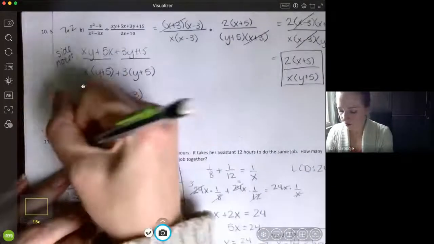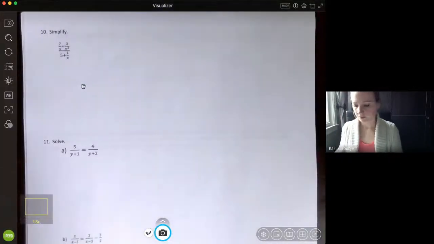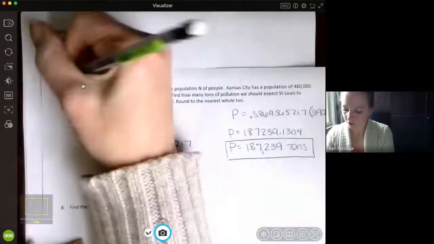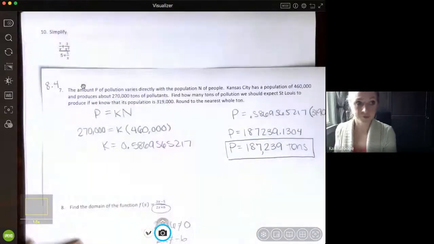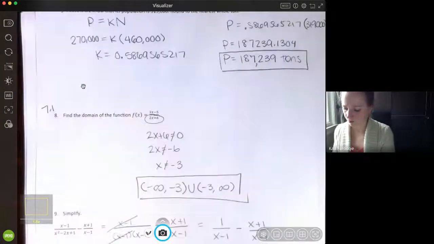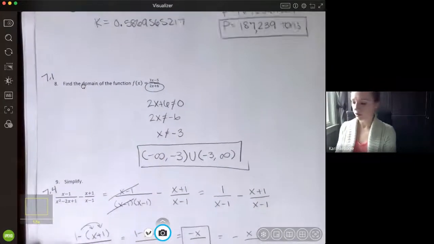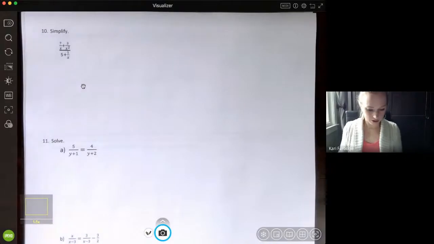I want to say this was 7.6. This was 8.4. Find the domain. 7.1, 7.4 for number 9. If you need to go back to your notes and look, I'll have those there for you. I'll try to do that for all of them.